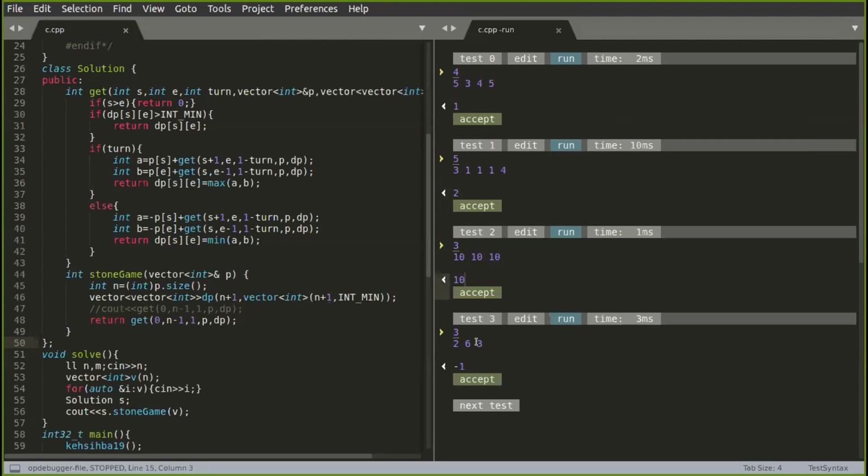And here comes the part where Alex loses: he will choose 3 here, then Lee will choose 6, and then Alex has to choose this 2. So 5 minus 6 will be minus 1. Since the difference is negative, the points which Alex has are less than those of Lee, so in that case he will lose.